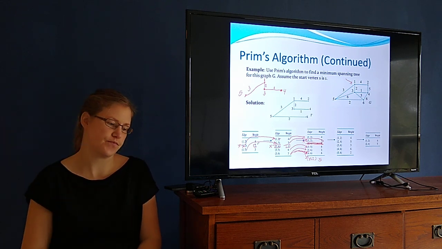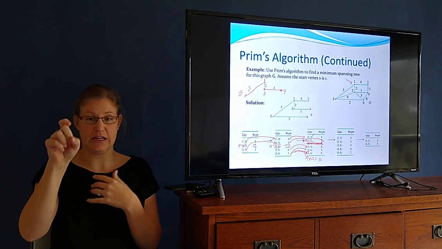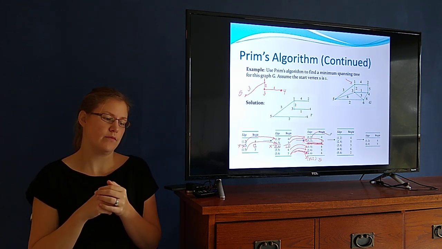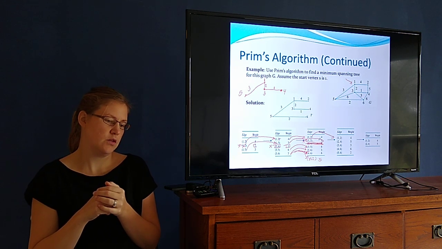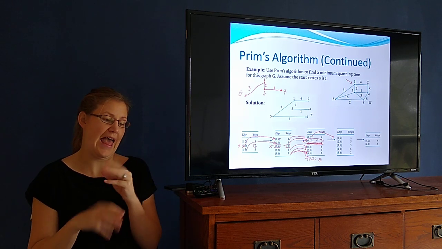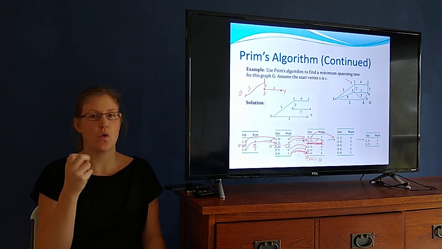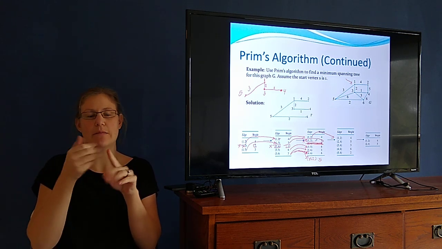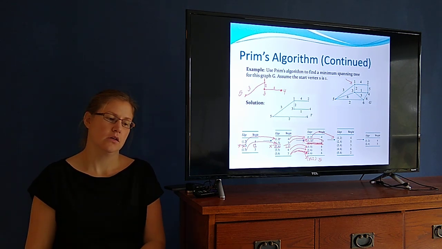Okay, so now we are at vertex 5. So in the next iteration, let's add the listed edges with unvisited vertices from the previous step.